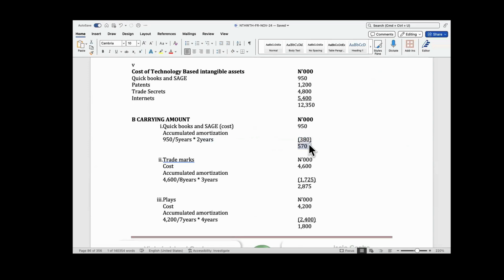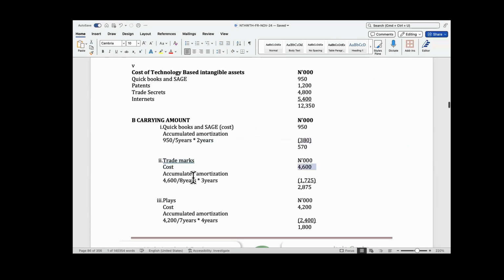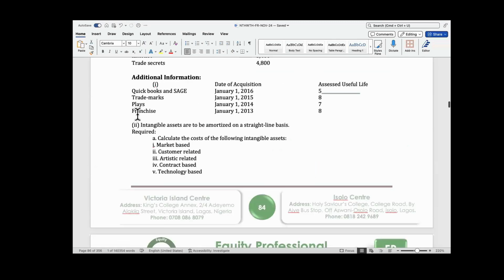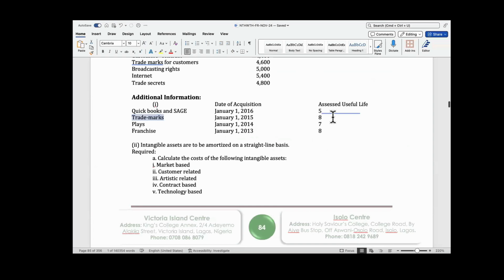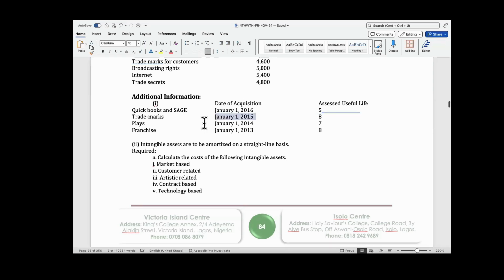The same thing applies to the others. For trademarks, the cost is 46 and the useful life is 8 years, so it will be 46 over 8 years. We bought it in 2015, which is 3 years ago, so we multiply by 3.